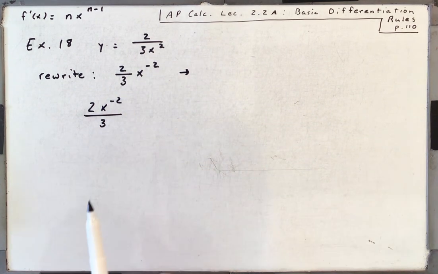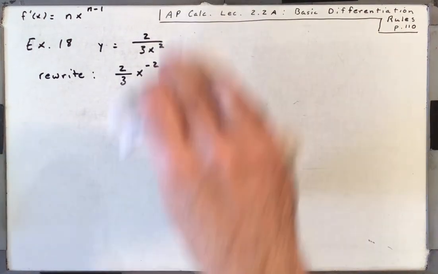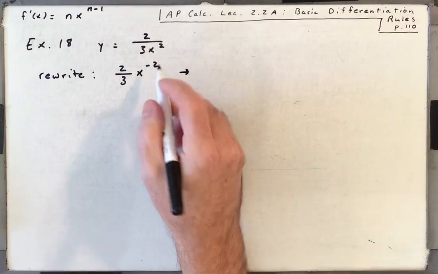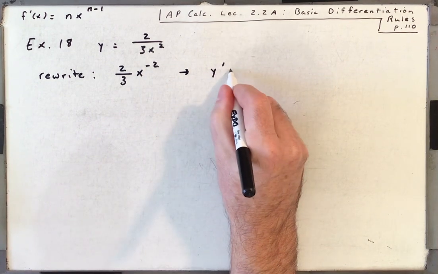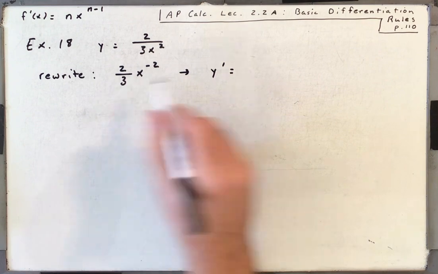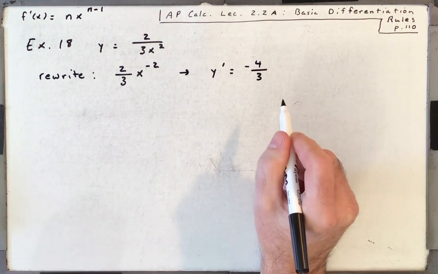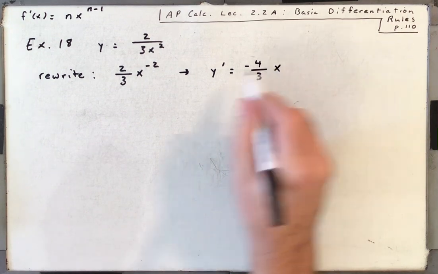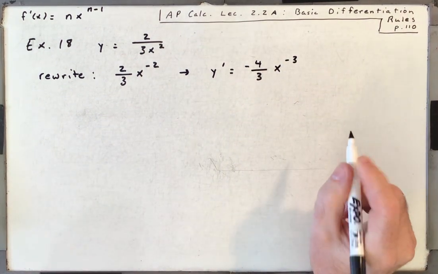If you want to do it this way, that's totally fine. But those are the same thing. Now, we're going to take the derivative, so y prime, negative 2 times 2/3 is negative 4/3, times x, and then subtract 1 from negative 2, that'd be negative 3.